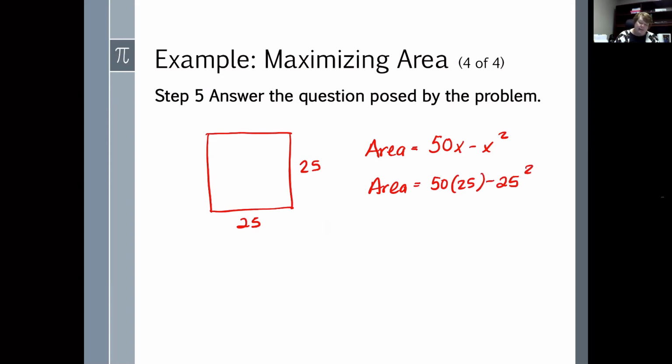You get that the maximum area is 625 square yards. And area is measured in square units. So in this case, it's square yards because we were given 100 yards of fencing to fence in this area. All right, and that is the end of section 3.1.